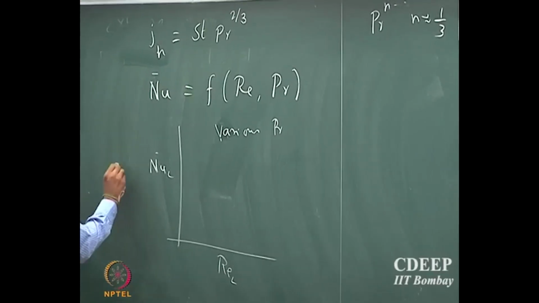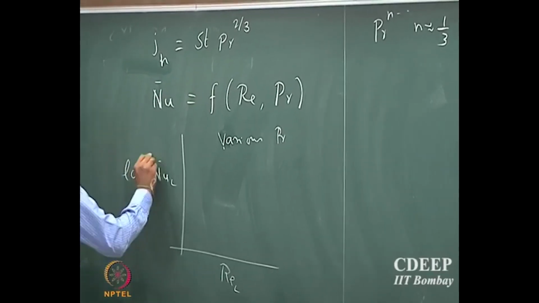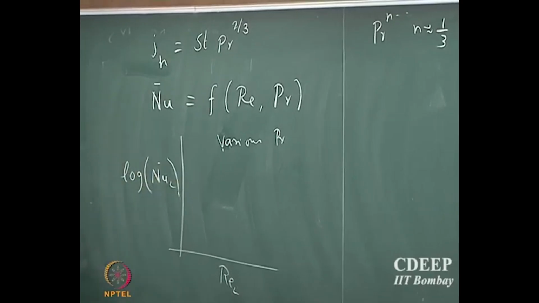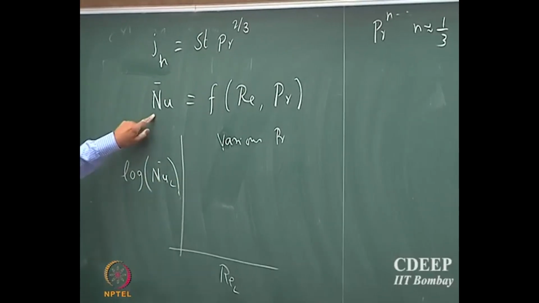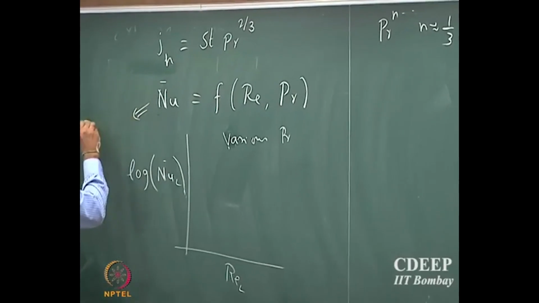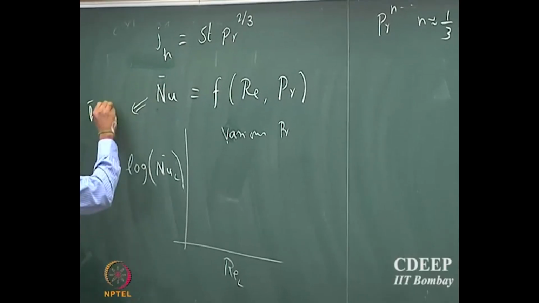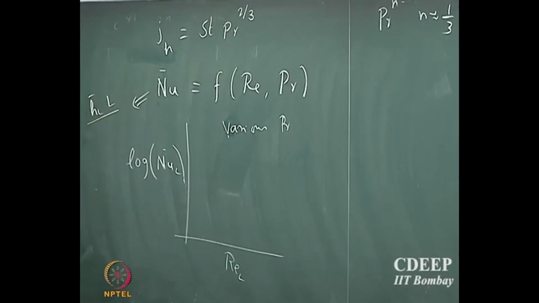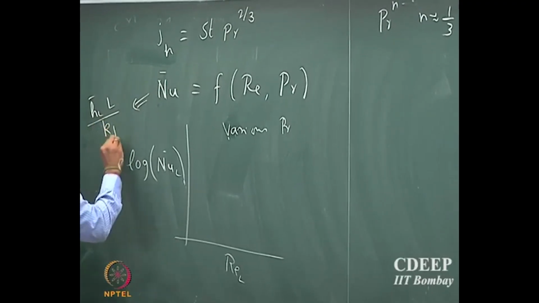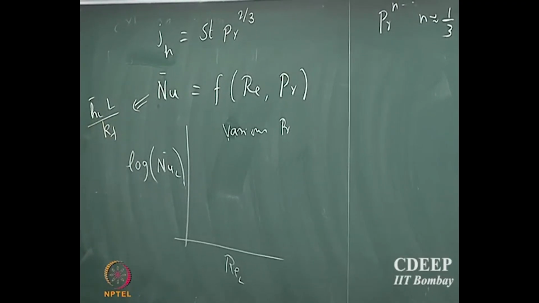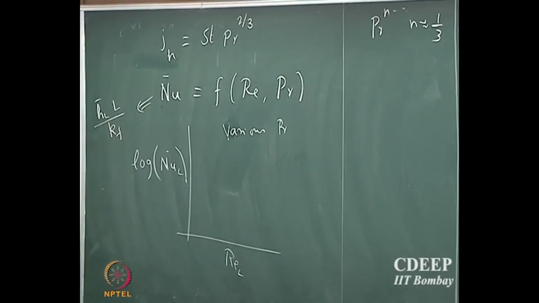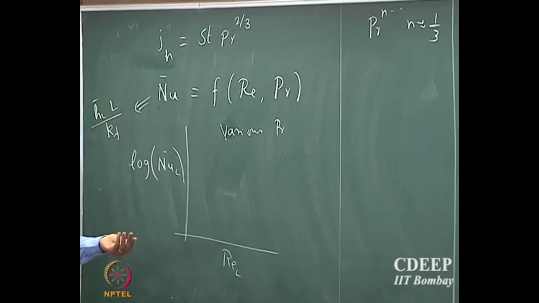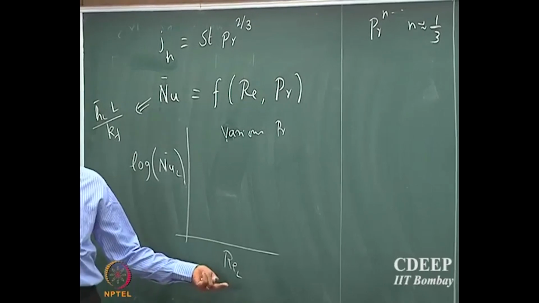And so what they did was they made a plot of log of this average Nusselt number. So note that average Nusselt number is h-bar L, the length of the plate, divided by Kf, the conductivity of the fluid. So you know Kf, you know the length, and you know the average heat transport coefficient from your experiments, and you know the Reynolds number of the flow.